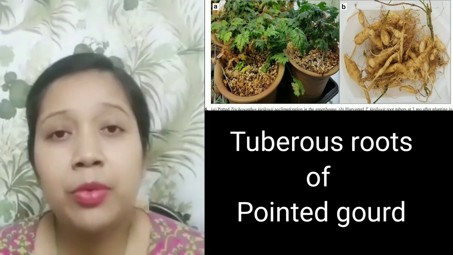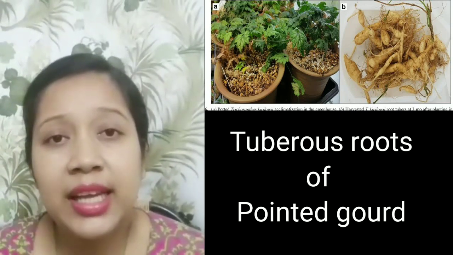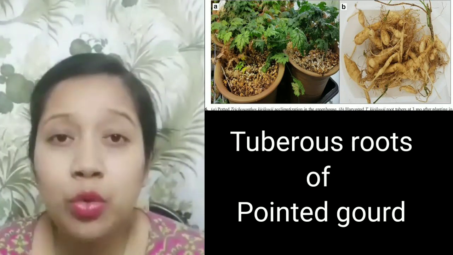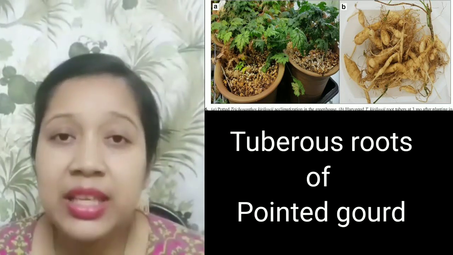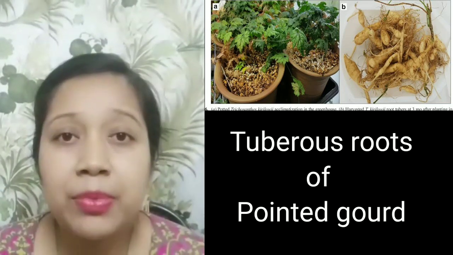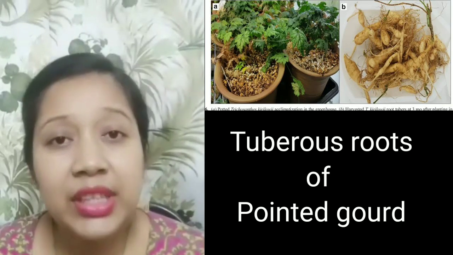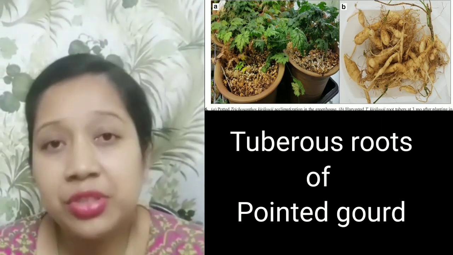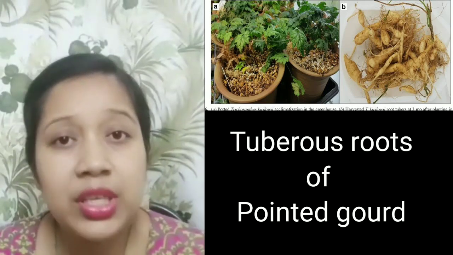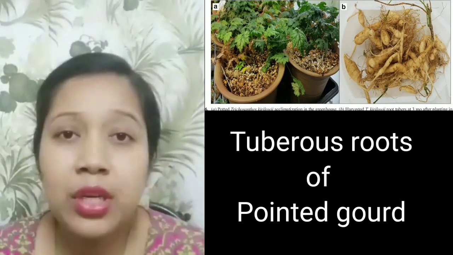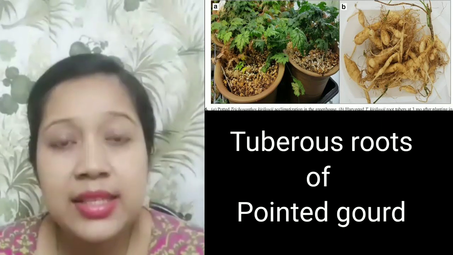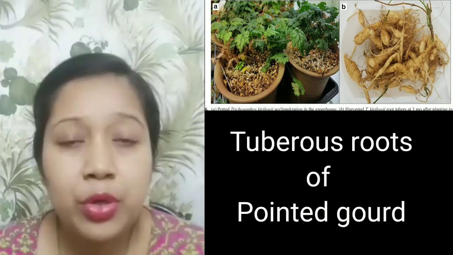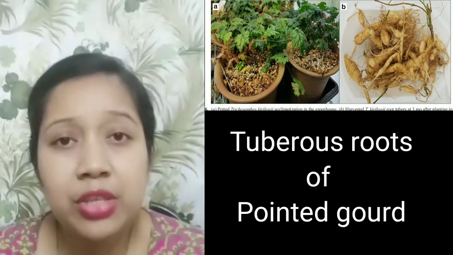Then the napiform root is generally globular from the base towards the middle, and towards the tip it becomes abruptly very narrow. Now in case of the tuberous root, they do not have a definite shape, and because they do not have a definite shape, they are regarded as a simple tuberous taproot or tuberous modification of taproot.